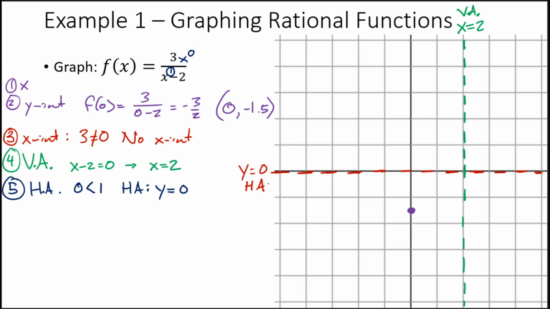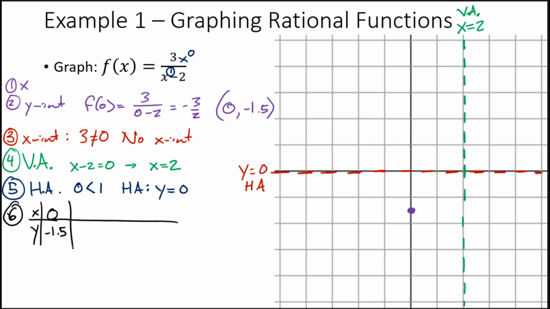All right, what's step 6? Make an X and Y chart. Let's be smart about it, though. I need points on both sides of my vertical asymptote. I already have 0 and negative 1.5. What other points? I should probably get 2 more points on the left of my vertical asymptote.